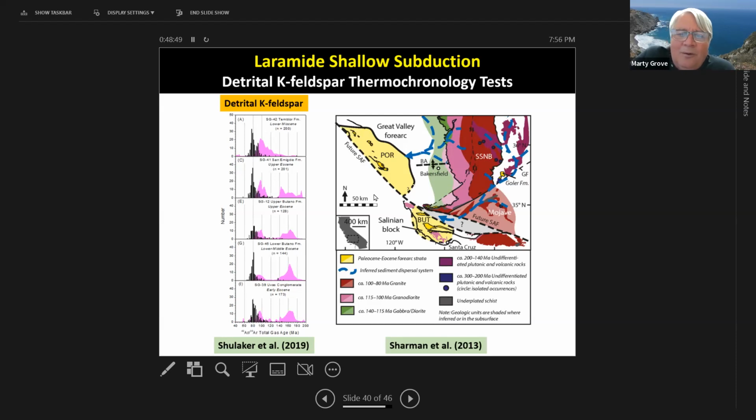Uvas conglomerate is lower Eocene. And also rocks from the Butano formation, which are in central California today. We're also going to show some rocks that are basically derived from erosion of the western Sierra Nevada. So this would be north of Bakersfield Arch and here, the Point of Rocks formation, right in this region.